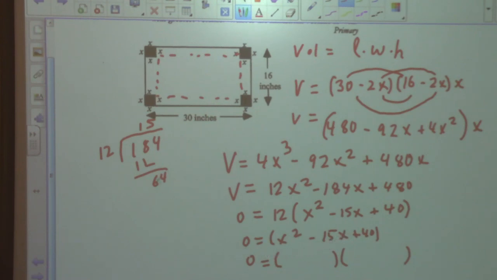Man, it would be convenient if this thing was 14 instead of 15, wouldn't it be? Is that really it? Yeah, that's it. We might have to use the quadratic formula.